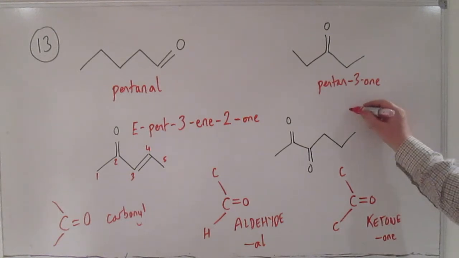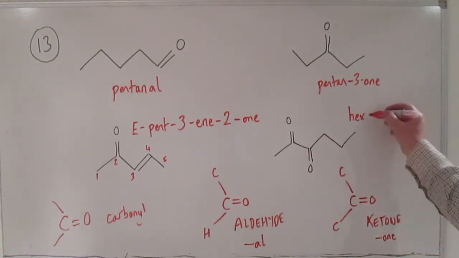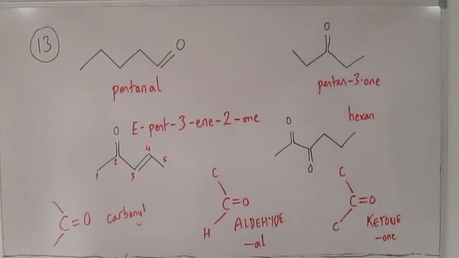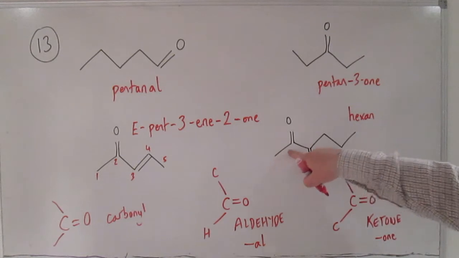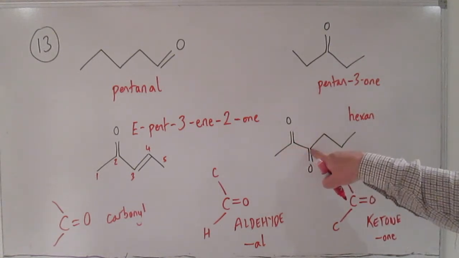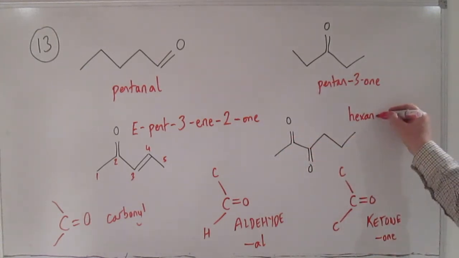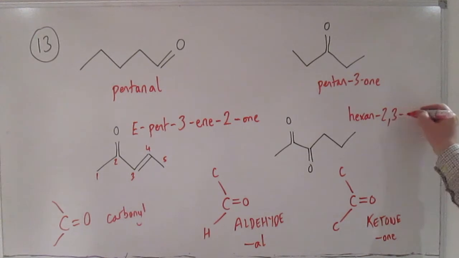So it's hex. It's saturated, no carbon-carbon double bonds. So it's hexan. And then we're going to need numbers to show where the ketone groups are. So we'll start numbering at this end to keep the numbers smaller. So we've got a ketone group at 2 and also at 3, because it's 1, 2, 3, 4, 5, 6. So it's hexan-2,3-dione.